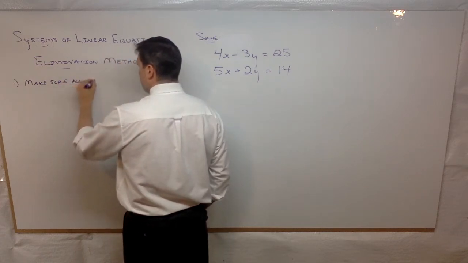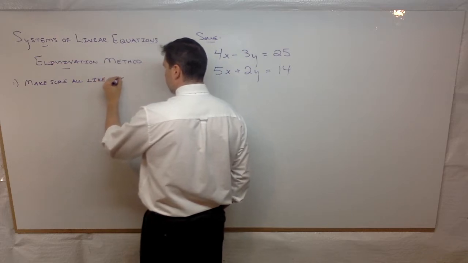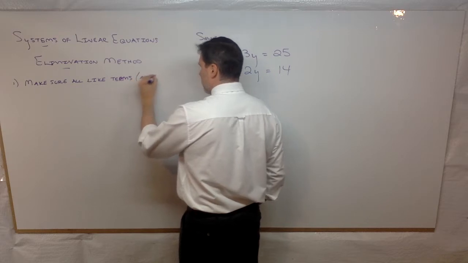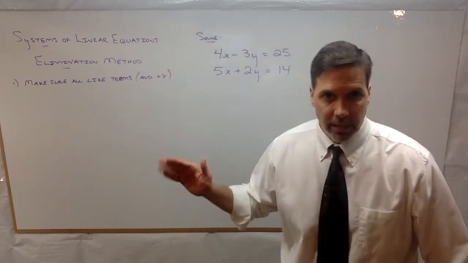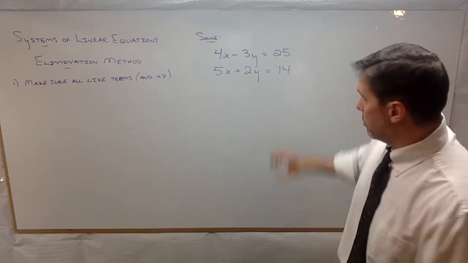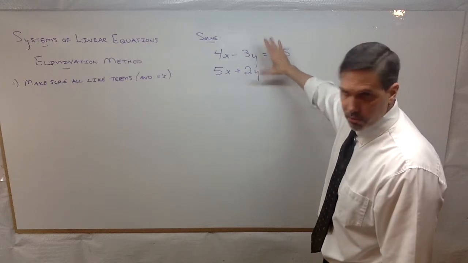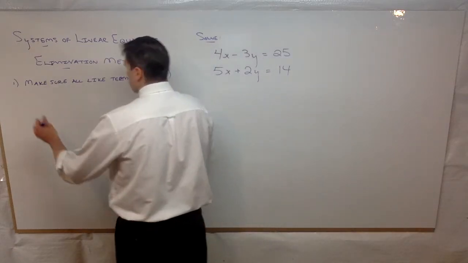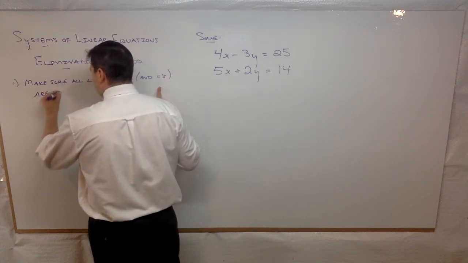Make sure all like terms are lined up. Let me just put in the parentheses and the equals also. Make sure the equals are lined up. So the x's under the x's, those are like terms. The y's under the y's. Equals need to be lined up. They're not like terms, but equals and your constants. So make sure all like terms and equals are lined up column-wise.